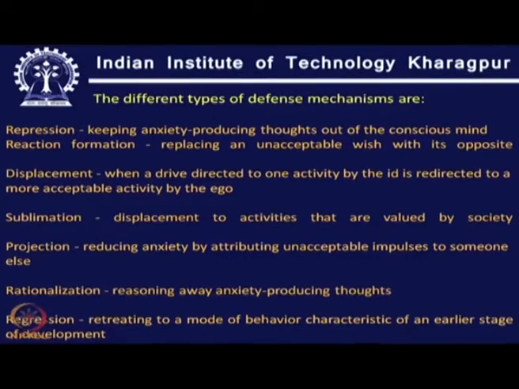Reaction formation is replacing an unacceptable wish with its opposite. If unconsciously we are hating someone, but we do not want to accept the fact that I hate that other person so much, we develop an opposite reaction, which is either love or obedience.